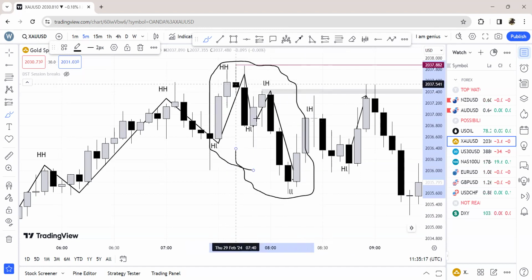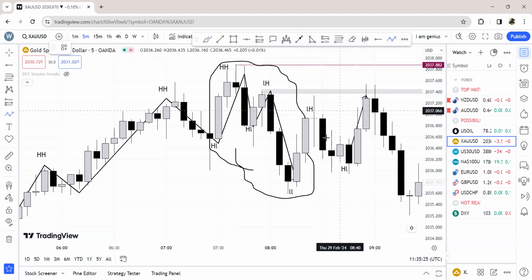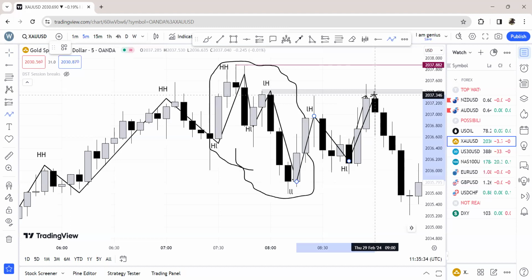You see there's a shift in market structure here, from some form of a downtrend, then we see the market trying to form an uptrend. How do I know that? Because this is a structure for an uptrend.